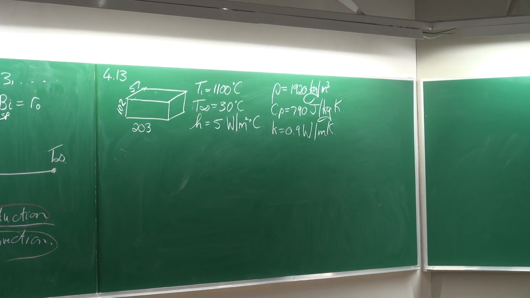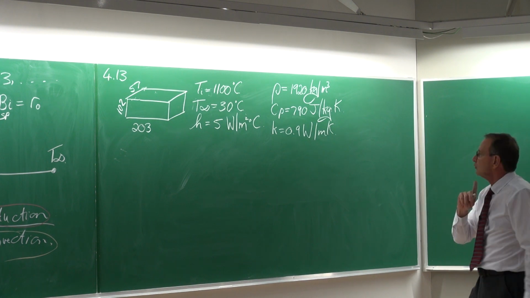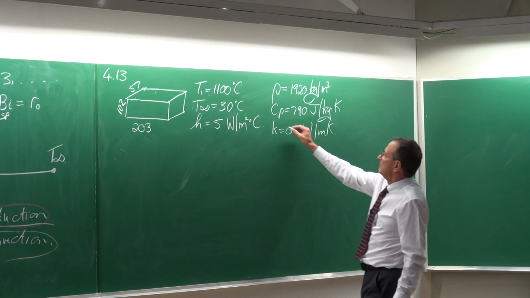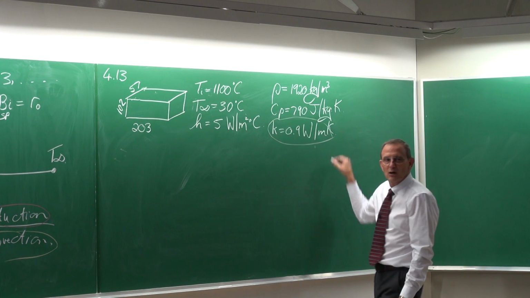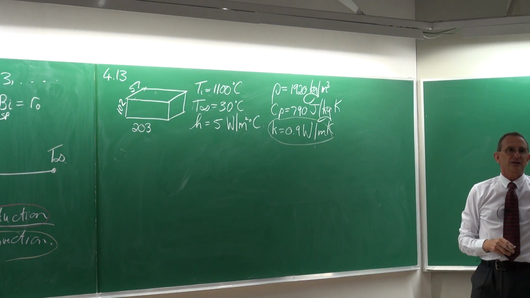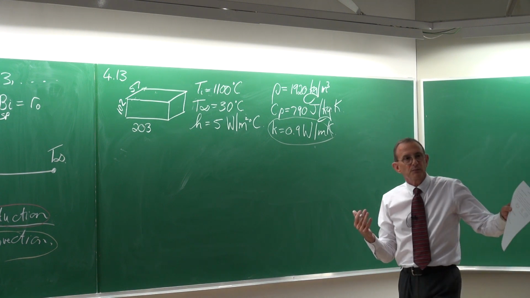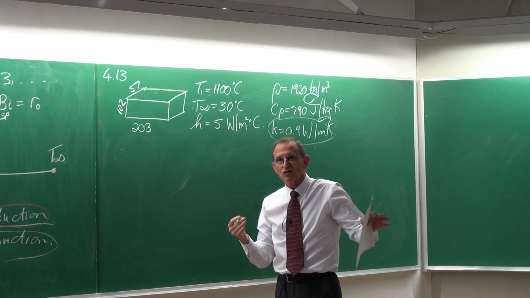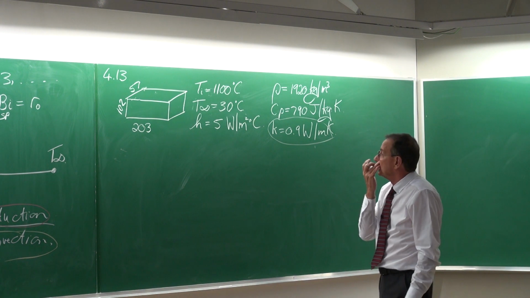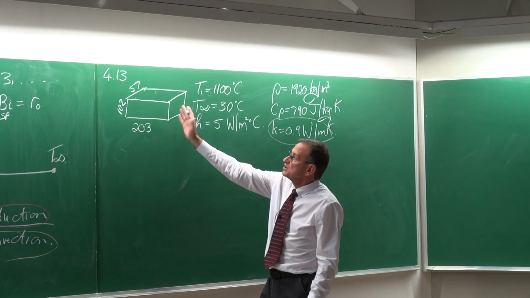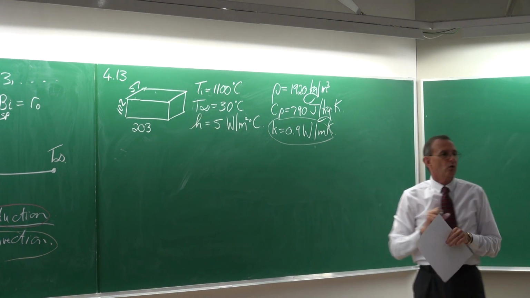Okay, so for me there were two reasons when I originally thought this cannot be, and that is that the K value is relatively low. It is not that of a metal, like copper or aluminium, which have K values of 200 or 300. Yes, and the dimensions are not that small.